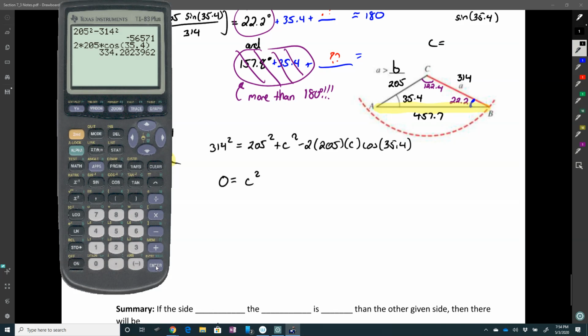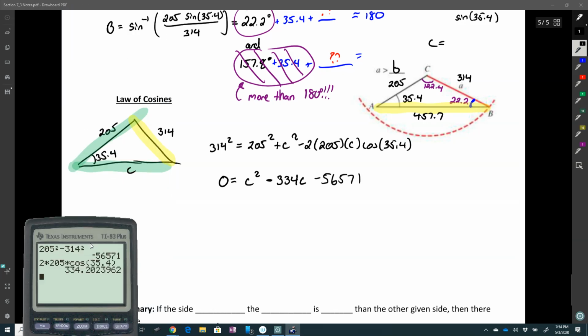So c squared minus 334c minus 56,571. Nasty, but we use the quadratic formula. Stay diligent. So 334 plus or minus the square root.